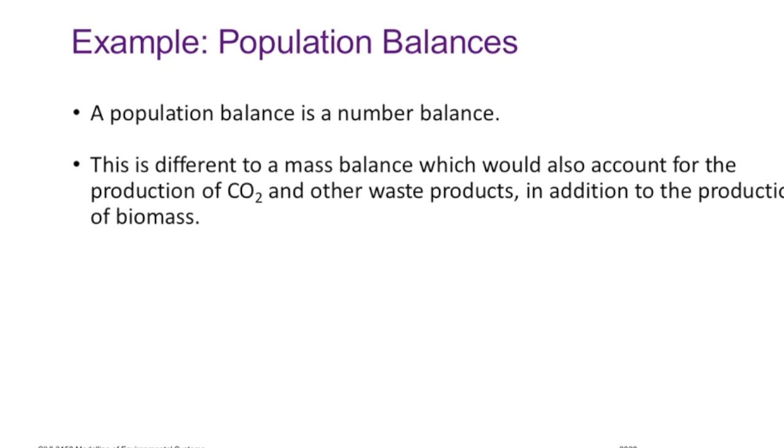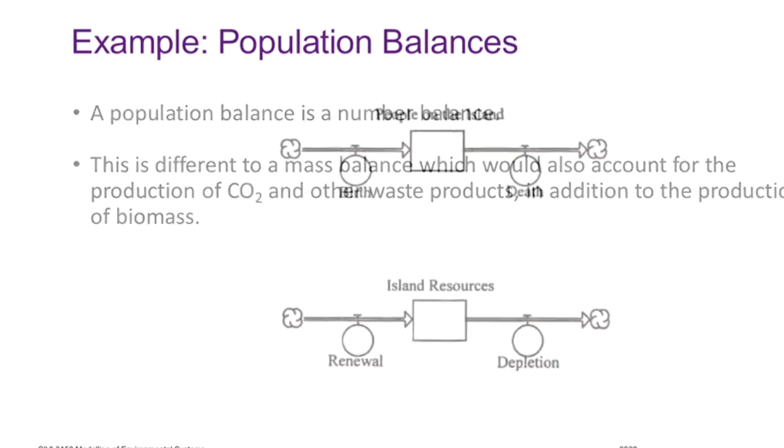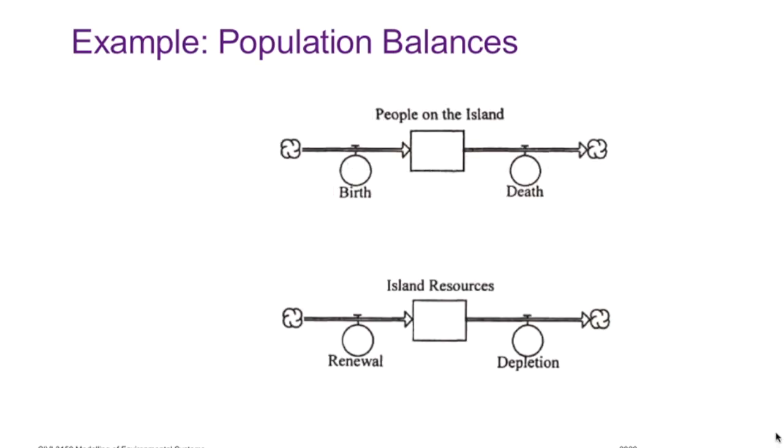That has units, and in this case is related to the number of the population that we're describing. So our first example to understand how the models are constructed in Stella is the example of people on an island.